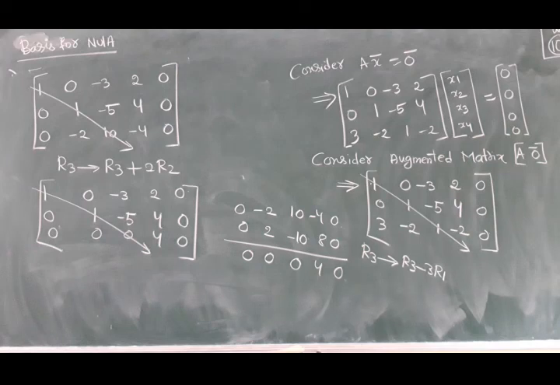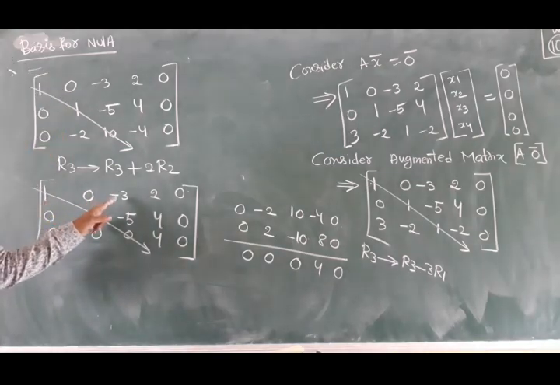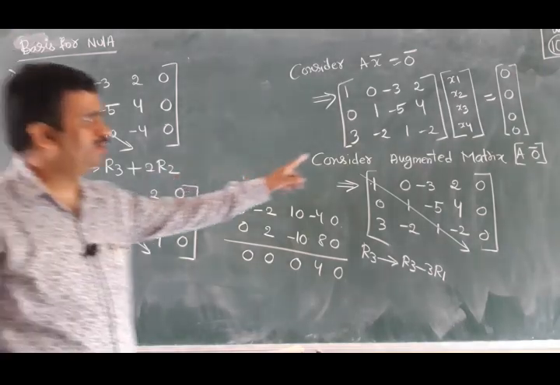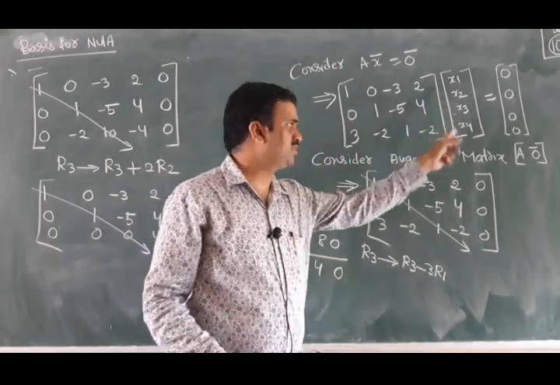Now I'll write the equations again. x1 plus 0 x2 minus 3 x3 plus 2 x4 is equal to 0. Here we have 4 variables: x1, x2, x3, x4.